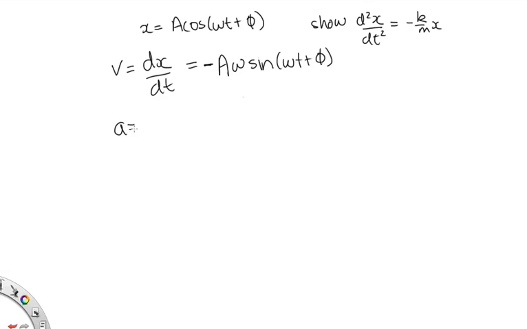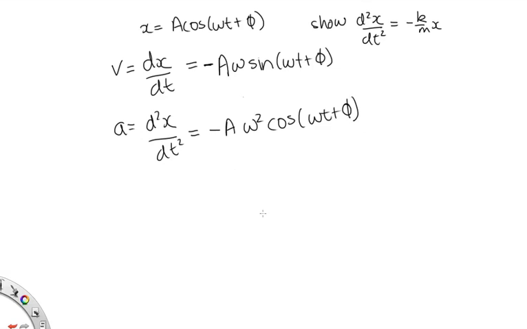So the acceleration is equal to d²x/dt², and this is equal to minus. Now when we take the derivative of a sine function, we end up with cos. We also need to take the derivative of what's inside. So this is A ω² cos(ωt + φ).